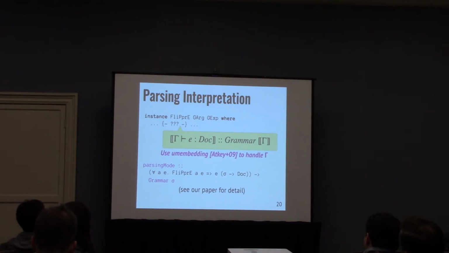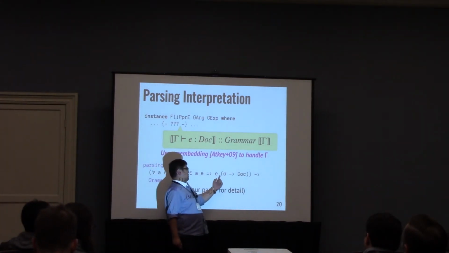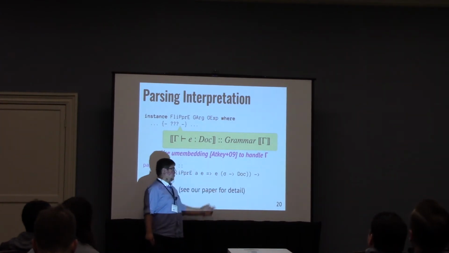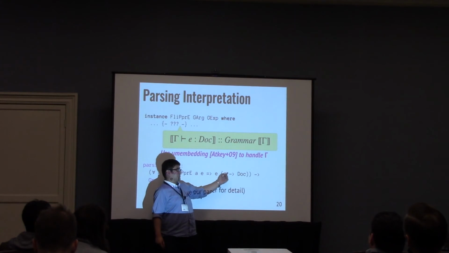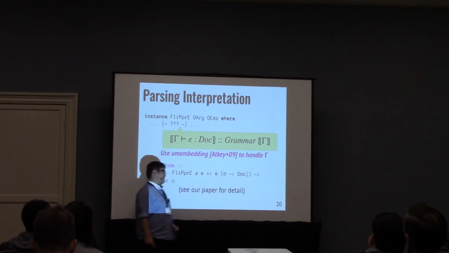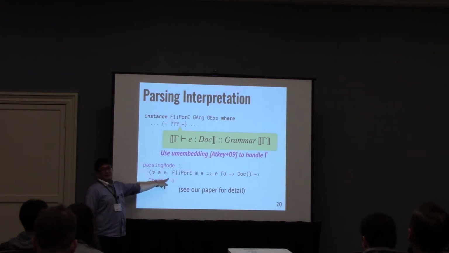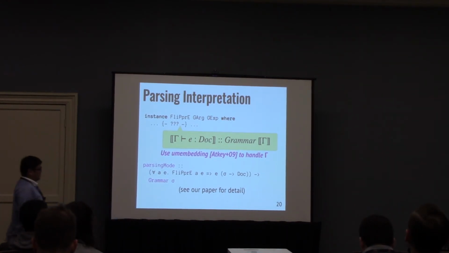Thanks to the embedding, we can implement the parsing interpretation of a Flipper function. This means that for a function from sigma to Doc, or a pretty printer for sigma type in Flipper, we can interpret it as a grammar returning sigma type. Please see our paper for detail. So this is the basic idea.